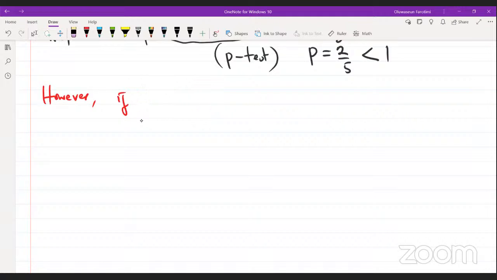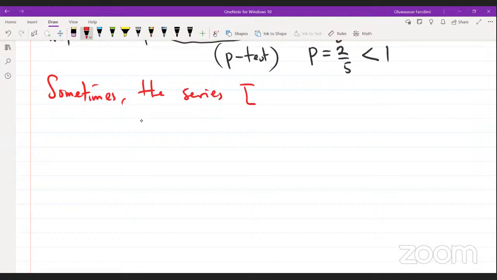Let me go this way around. So sometimes it's better to write it this way. Sometimes, yes, the series, this guy, may converge.